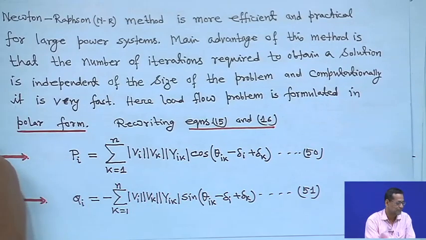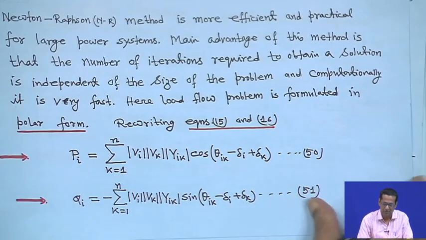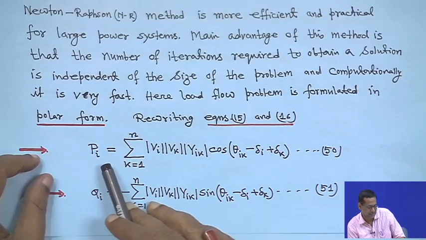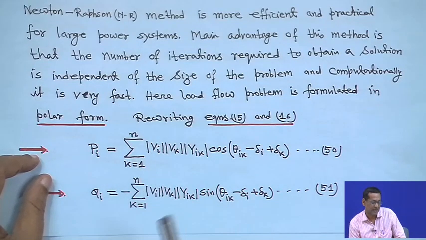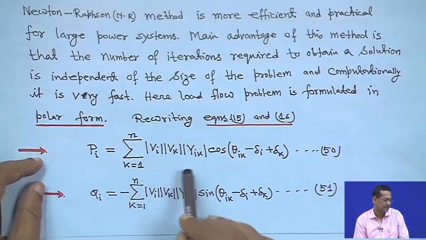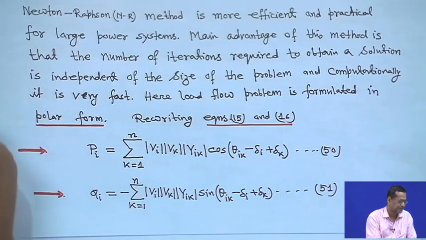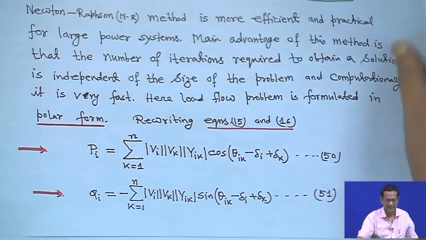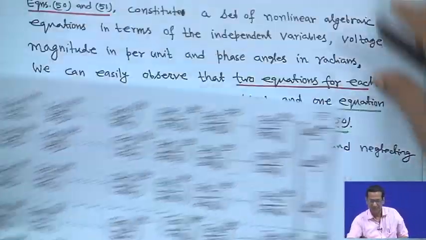In this case also we will assume that bus 1 is the slack bus, so we will consider i equal to 2 to n, right. If you expand this and neglect higher order terms in the Taylor series, then the mathematical form will be something like this, right.